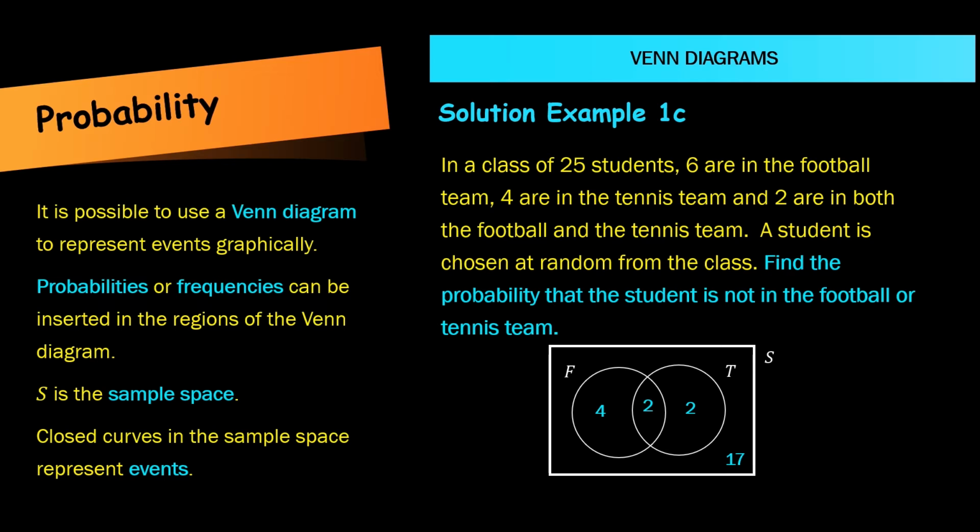And now for part C, find the probability that the student is not in the football or tennis team. This is, of course, 17 out of 25.